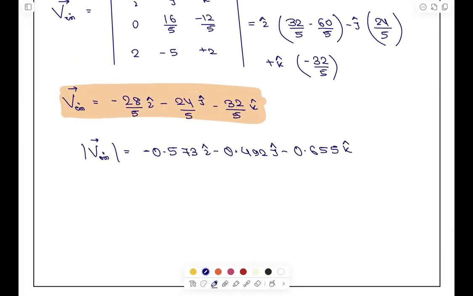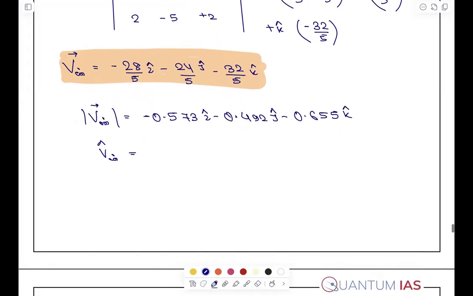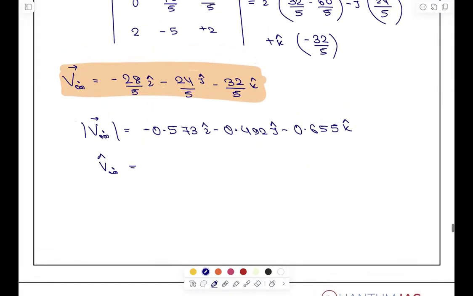And if you have to write the V cap, that is the direction, it is like this. Sorry, this is the V cap I have written. And if you have to find out the mod, it will be simply equal to 9.765 meter per second.